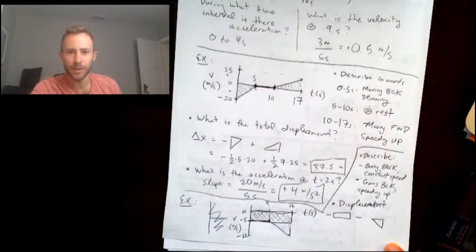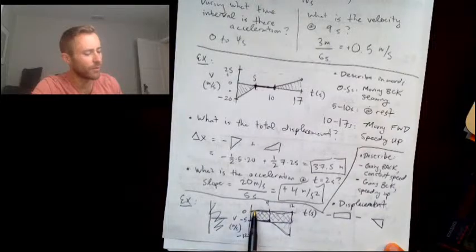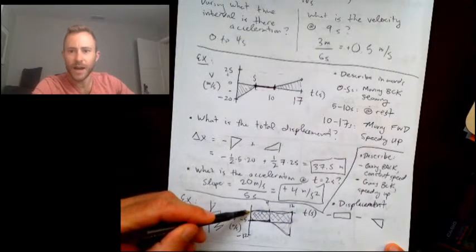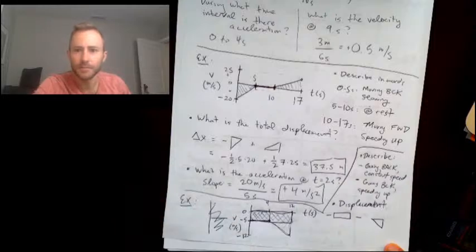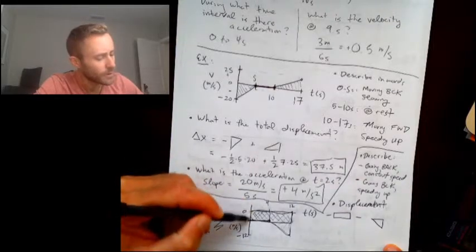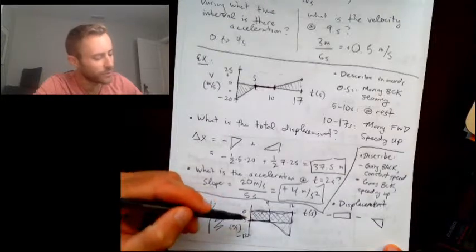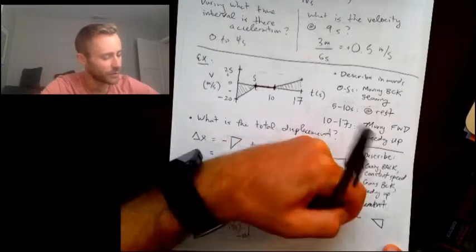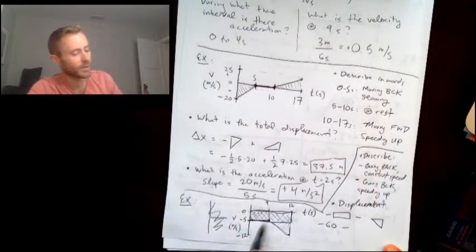Okay, so what is the width of this big rectangle? It's 12 wide and it's 5 down, so that would be 12 times 5, so that's 60. So I have -60 for that first rectangle.